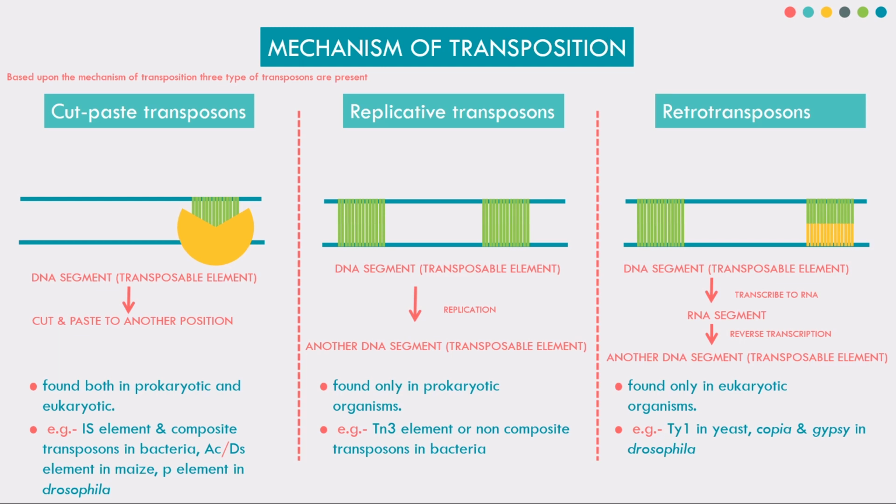Examples of replicative transposons include the Tn3 element, or non-composite transposons, in bacteria. Examples of retrotransposons include Ty1 in yeast, and the Copia and Gypsy elements in Drosophila.